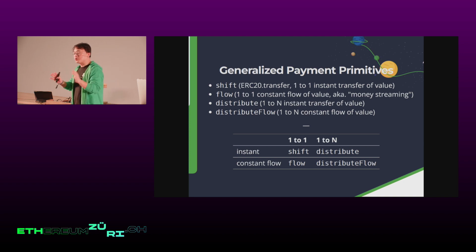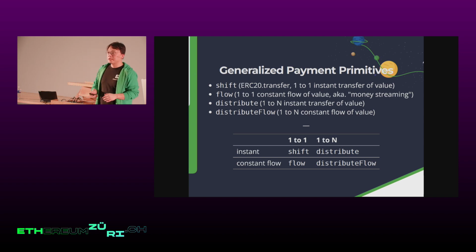The other is one-to-one constant flow of money, often known as money streaming. And the last is the one-to-n constant flow. How about I distribute to any number of people as a flow of money? So that's a generalized set of payment primitives.